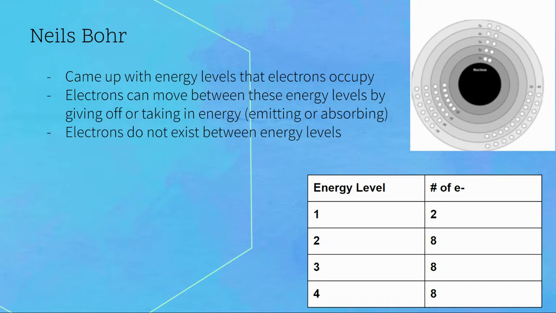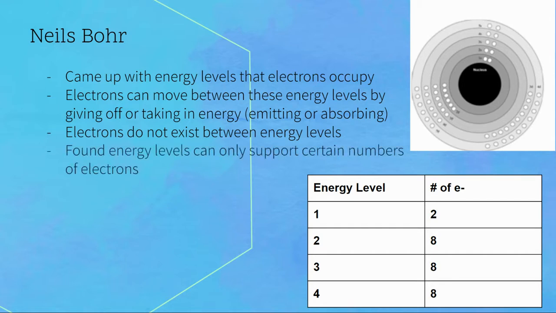Now, what ends up happening is he says that electrons can't just exist between energy levels. It's distinct. They have to be in an energy level, and every energy level can only support a certain number of electrons. So, for example, energy level 1 can only have 2, and then levels 2, 3, and 4 can have 8 electrons, okay? Essentially, think of it like this. If you live in a really big city and you live downtown, you're probably going to live in an apartment. There's no houses downtown. Those apartments are really tiny. The only amount of people you're going to fit in is about 2 people comfortably.